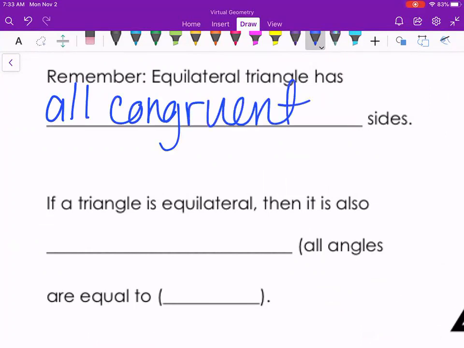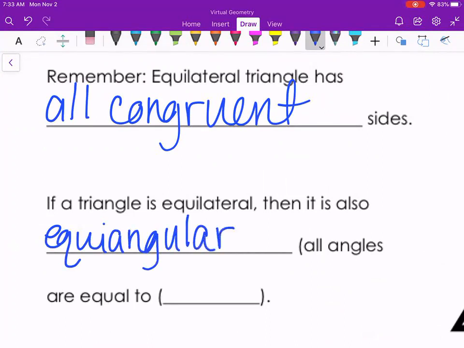So all sides are going to be the same value, the same measure. Now we also talked about that if a triangle is equilateral, then it's also equiangular, which means all angles are equal. And since we know that triangles total 180, 180 divided by 3, all of them are equal to 60 degrees.